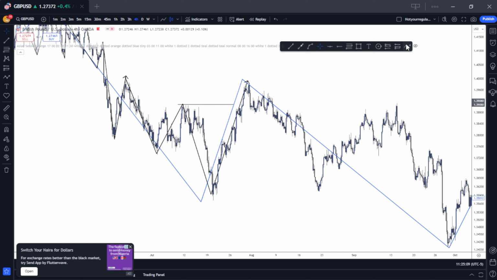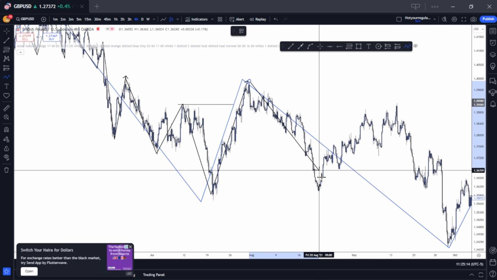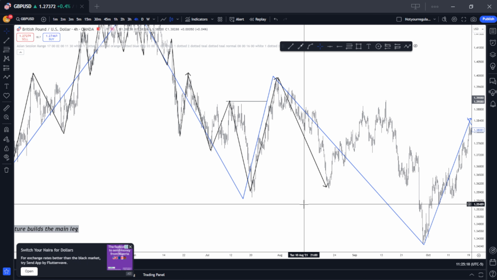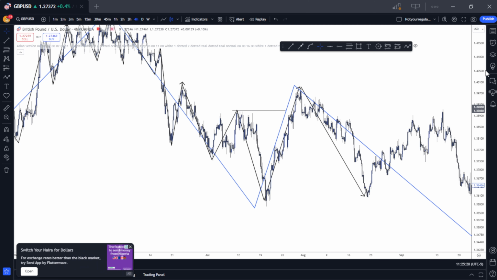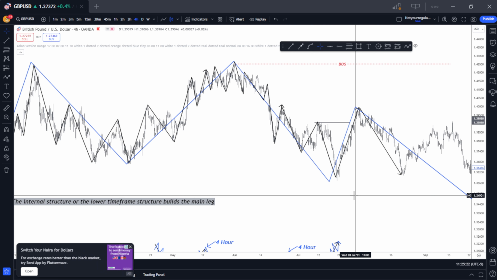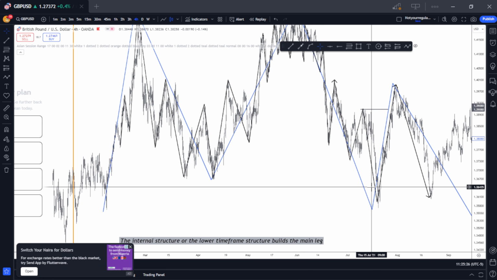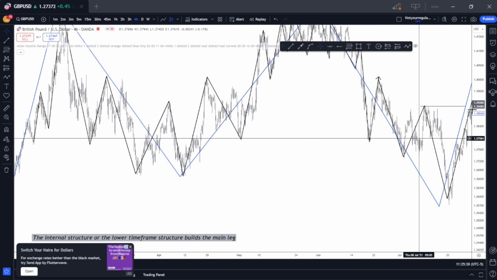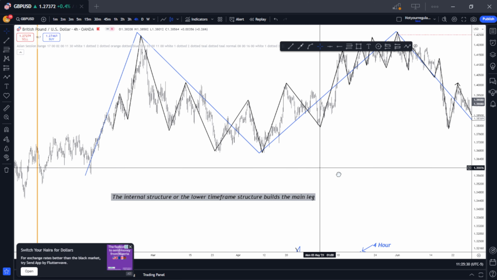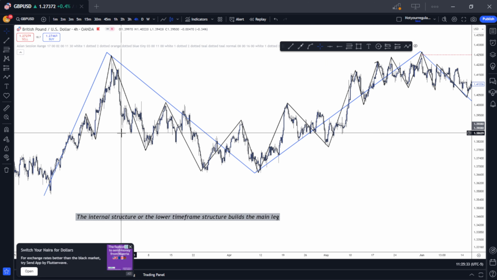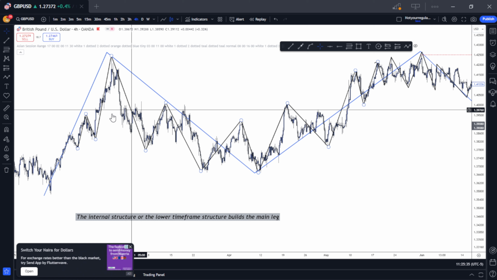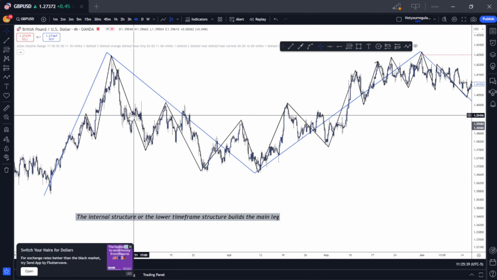So I hope you are understanding it a little better now. All this structure here was just inside another time frame, maybe the 1 hour.